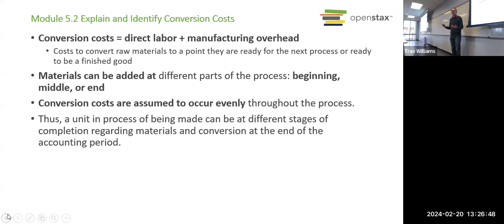And overhead, we apply it at certain points, but the electricity, the insurance, the rent, these are ongoing costs, right? So what we have to do at certain points is figure out what those conversion costs are, and then how much to apply for the work that's been done.